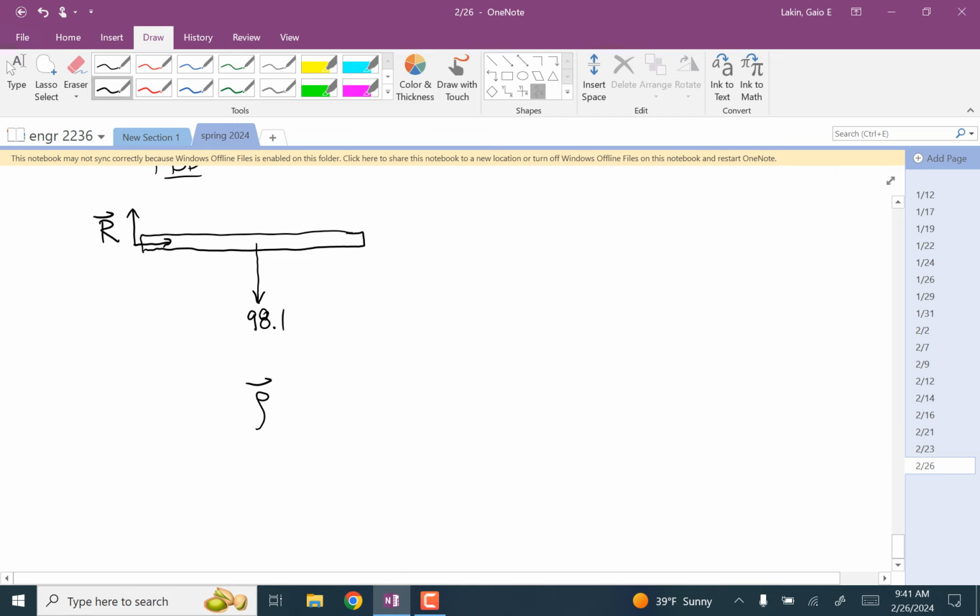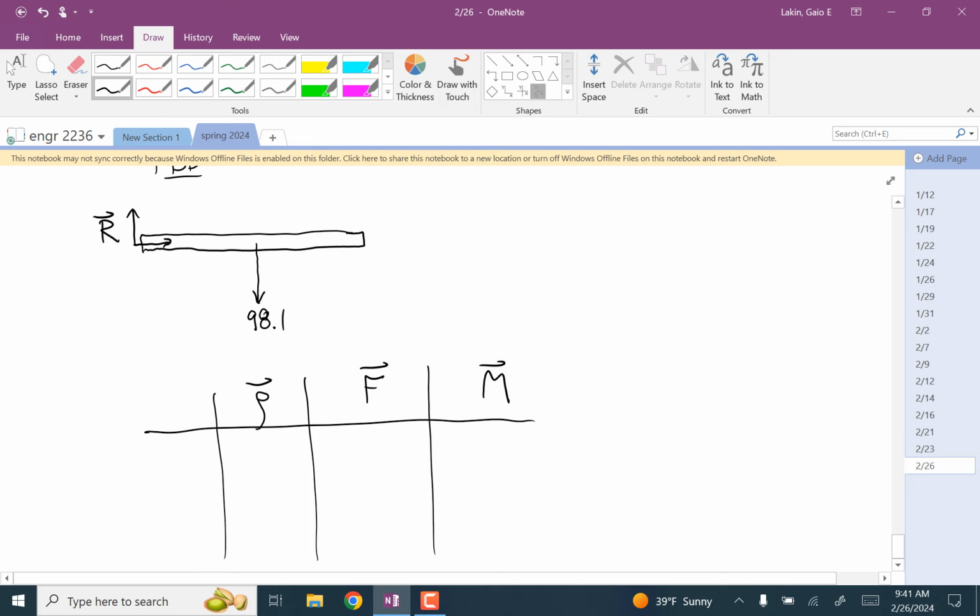So there's a column for rho, force, and moment. And we're just going to go through all the forces. The first one is this reaction force R. The rho vector is the vector from the about point to where the force is applied.